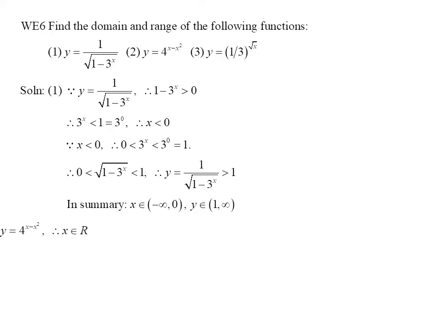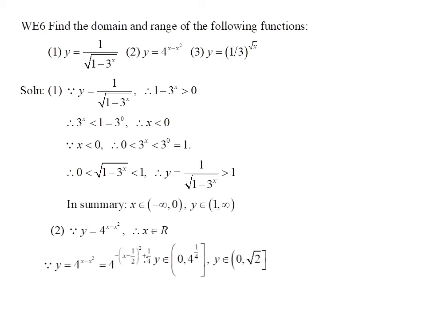In summary, the domain of the function is x less than 0, while the range of the function is greater than 1. As for question 2, since the function rule is y equals 4 to the power of x minus x squared, the implied domain of this function is the whole real number.